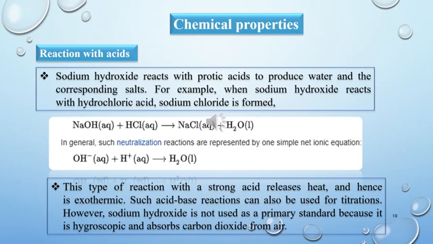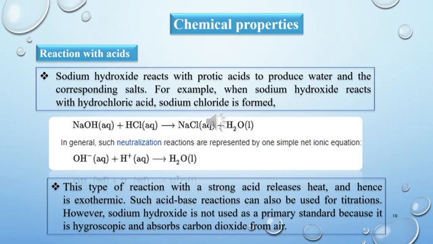In general, such reactions are represented by one simple net ionic equation in which the hydroxyl ion from sodium hydroxide and the hydrogen ion from hydrogen chloride react with each other and form water.